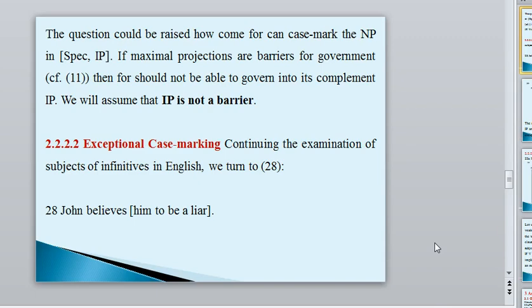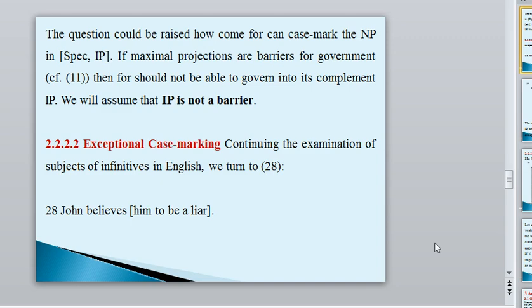As I told you in the previous session, we talked about the case system. We have two main case systems: nominative case and accusative case. As I told you, the nominative case is assigned to the subject position, and we can assign an accusative case to the object position.